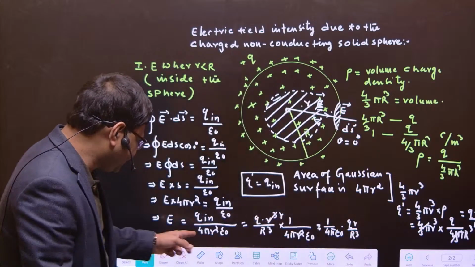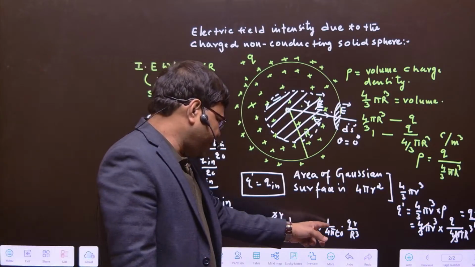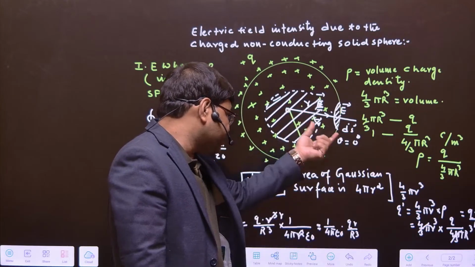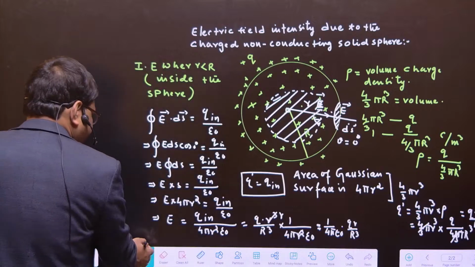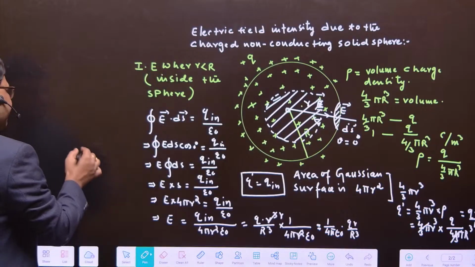This is the electric field intensity inside the solid sphere: K, or 1 by 4 pi epsilon naught, total charge into that distance divided by the radius cube, R cube. For case number 1, we have got this relation. It is important for solving numericals inside the solid sphere.